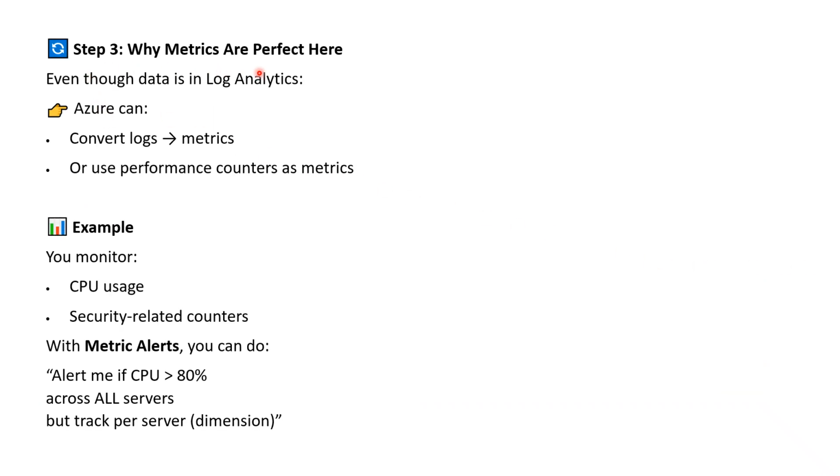Now, why are metrics perfect here? Even though data is in Log Analytics, Azure can convert logs to metrics or use performance counters as metrics. For example, you monitor CPU usage and security related counters with metrics alerts. You can say, alert me if CPU is greater than 80% across all servers, but track per server. That is the dimension.